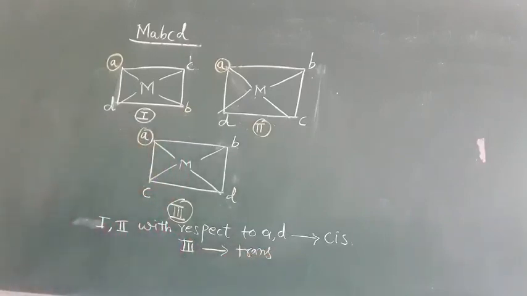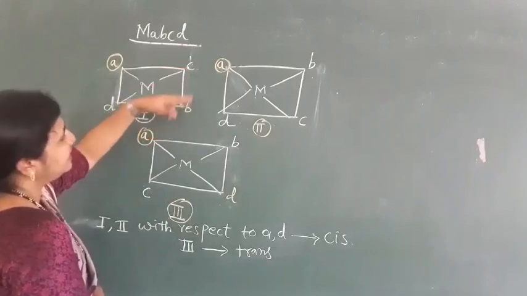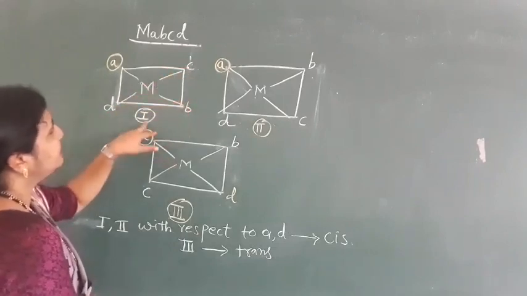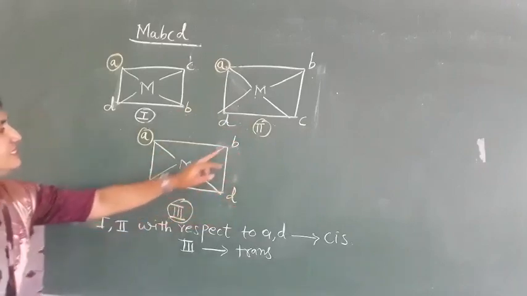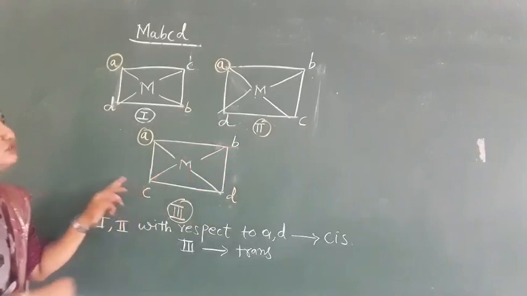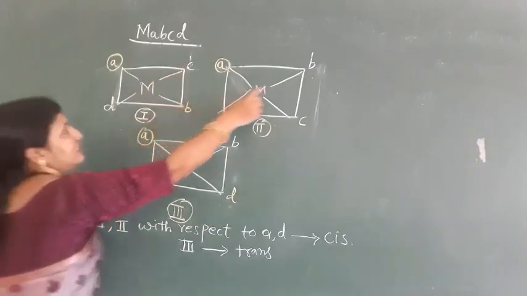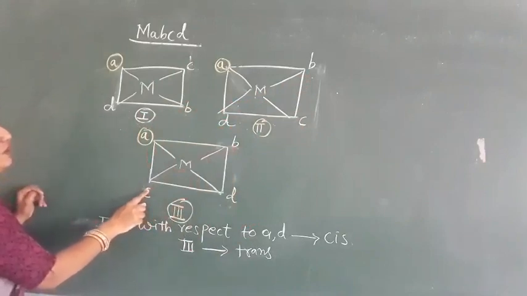Similarly, if you take B and C, the first and second are cis isomers, and the third one is the trans isomer. B and C are in cis position in the first two, and the third is trans.